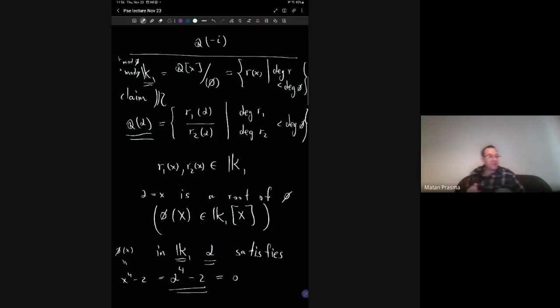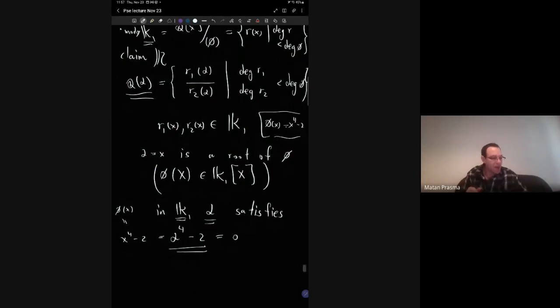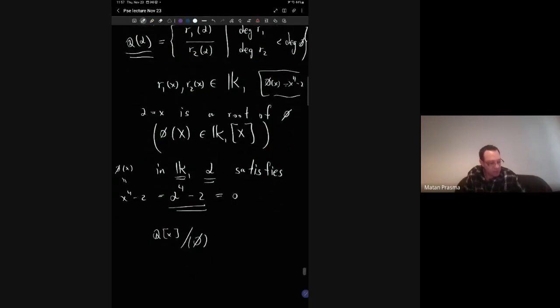So what happened is, again, we take this example of x to the 4 minus 2. Now I took Q of x modulo phi, and I know that phi has a root. This is isomorphic to Q of alpha for alpha satisfying alpha to the 4 minus 2 equals 0.